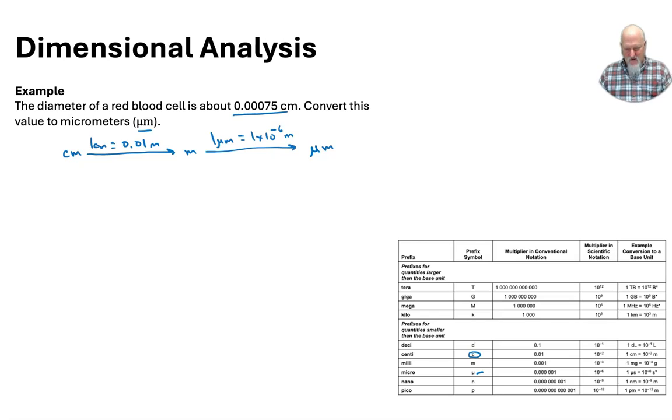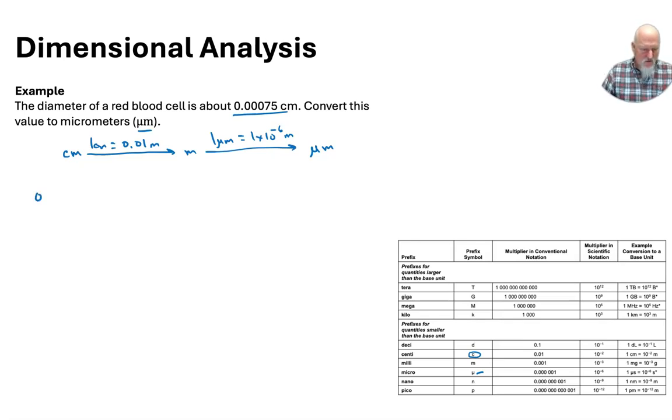That's what it says. 1 micro is 10 to the negative 6. Okay? So I can go from centimeters to meters using this conversion, and I can go from meters to micrometers using that conversion. Now we just have to set up our calculation.